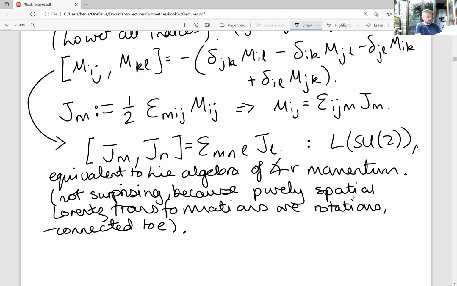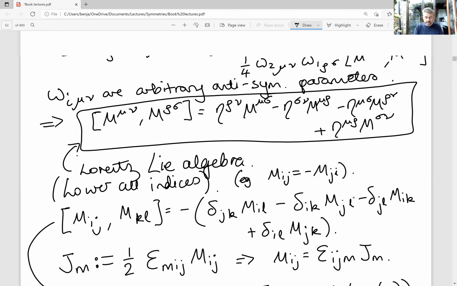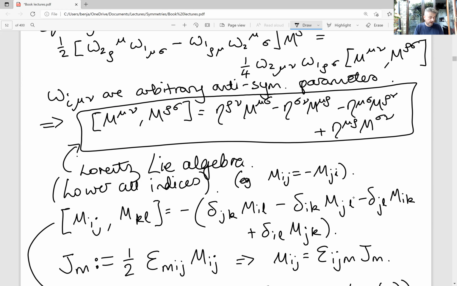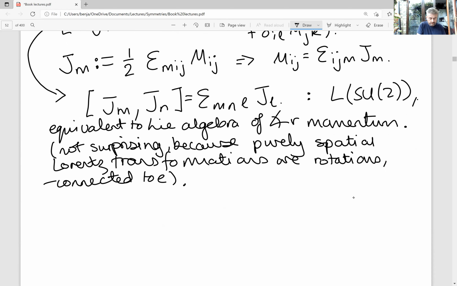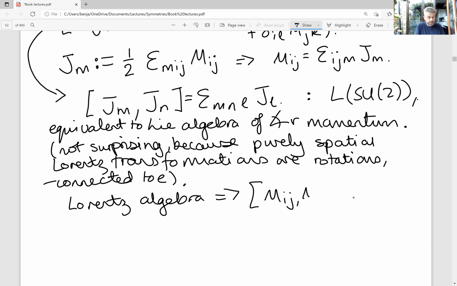Okay, so now I want to take our Lorentz algebra and I'm going to allow myself one of these indices, which will be rho, to be 0, and the other ones I'm going to set to be spatial ones. So we have one time index and the rest are spatial.